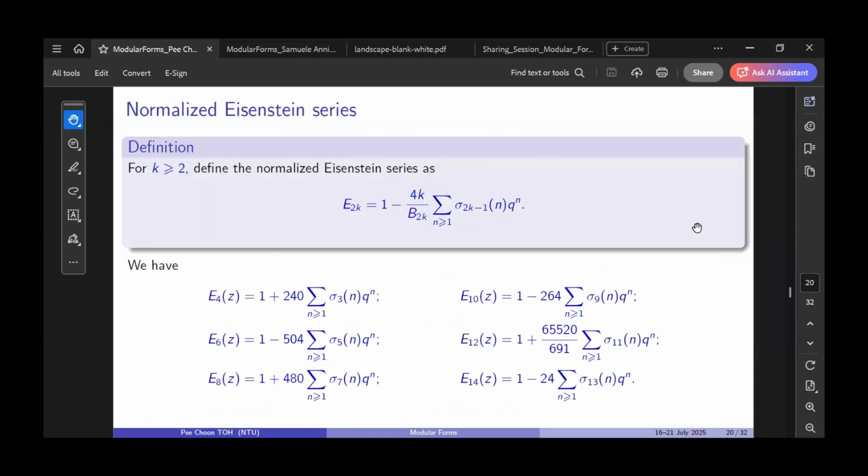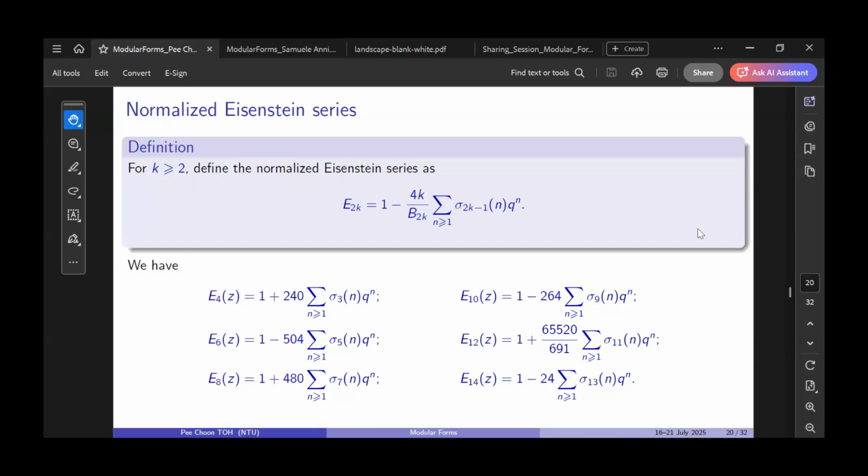So here we define the normalized Eisenstein series as A2K equal to 1 minus B2K over 4K, times the sum over all positive integers n of sigma 2K minus 1 of n times q to the n.